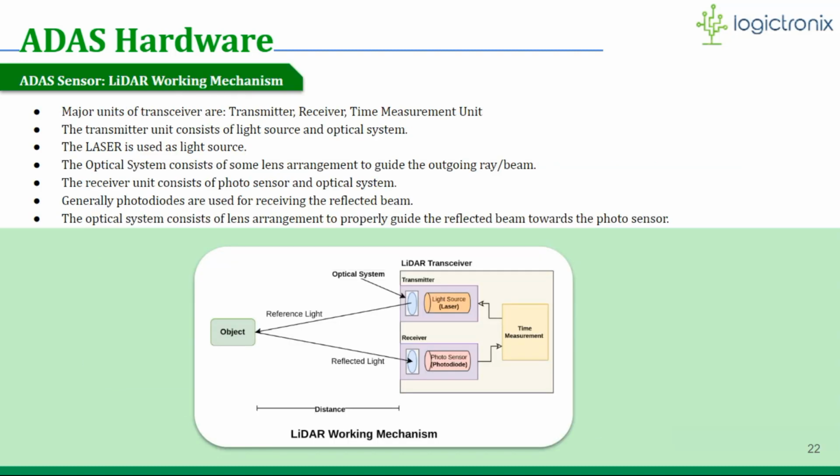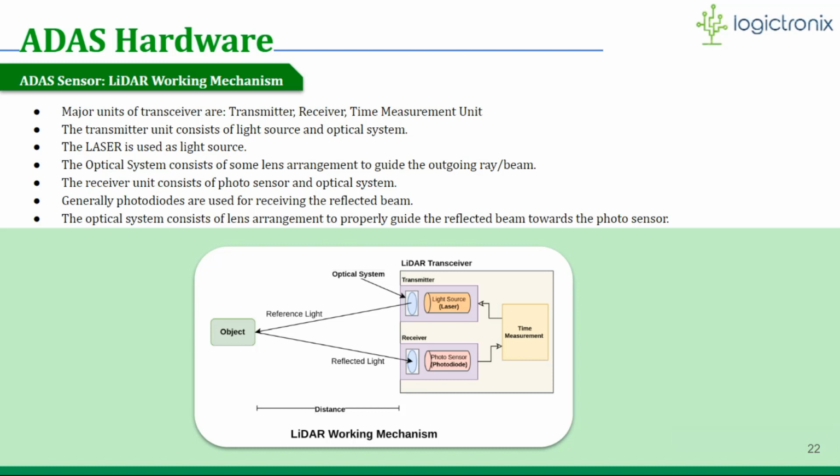Okay, when we talk about its working mechanism, LiDAR has a transceiver which has a transmitter, receiver, and timing measurement unit. The transmitter unit consists of a light source, which is a laser light source, and an optical system. The optical system consists of some lens arrangement to guide the outgoing laser beam. Similarly, the receiver unit consists of a photosensor and optical system.